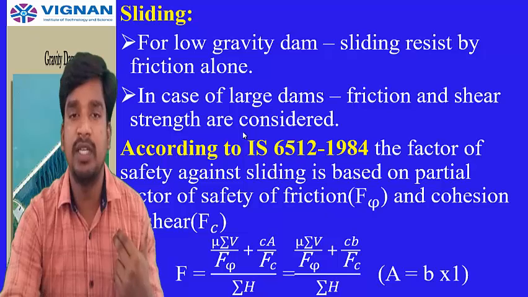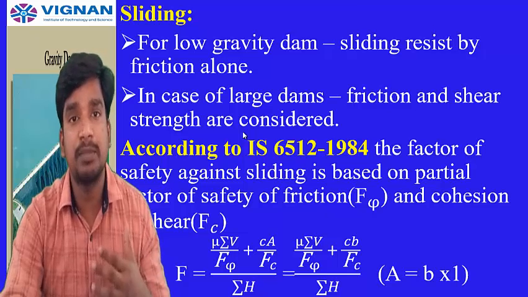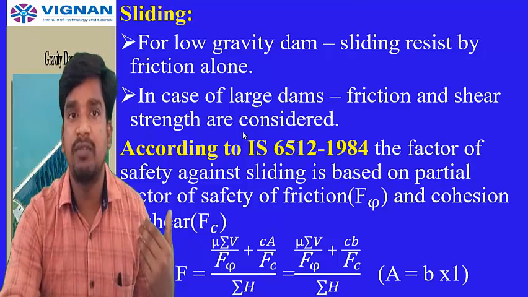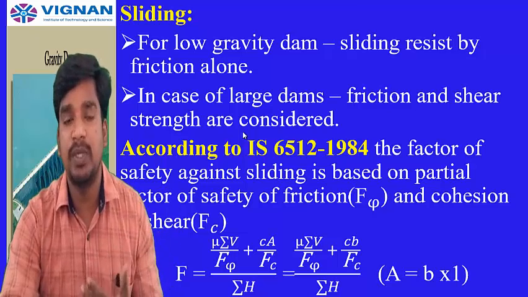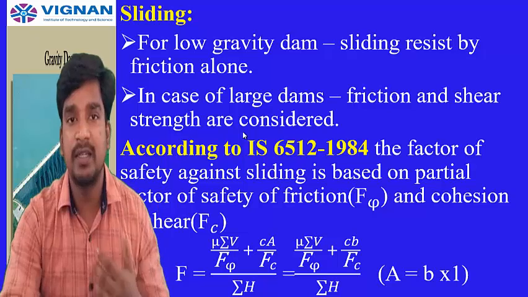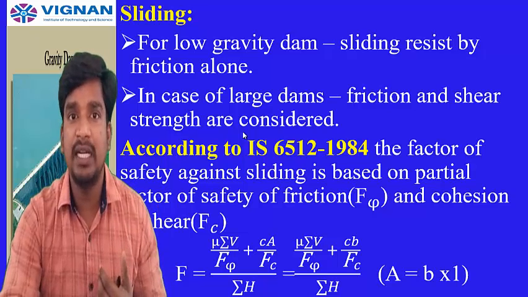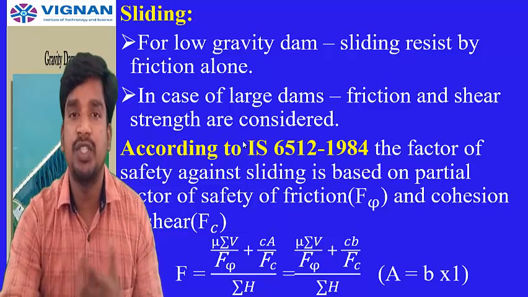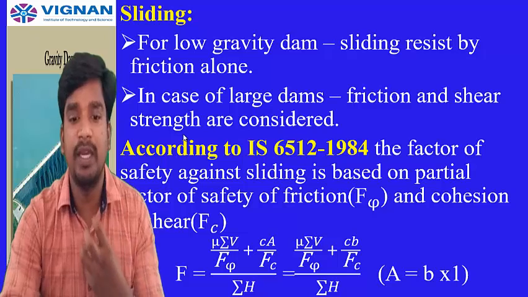These are the two things we need to consider in the design. This is as per the revised code, the 1984 code. The older code, 1972, is different, so here we need to consider the revised code only. That code says that we need to consider friction as well as cohesion or shear in the design.